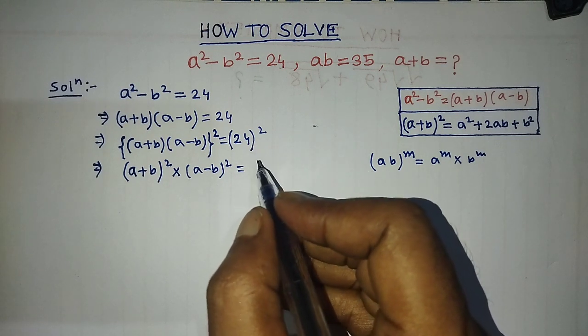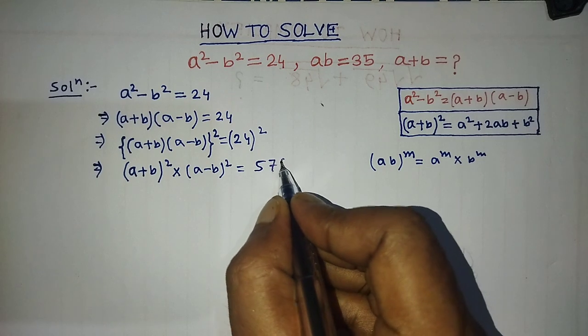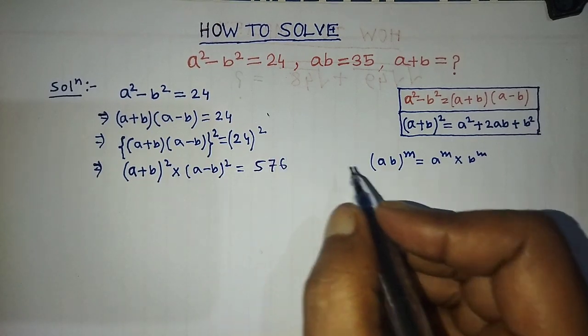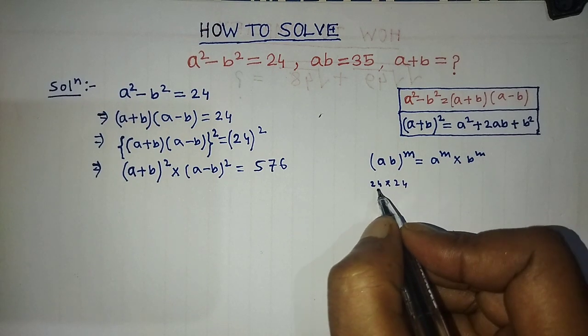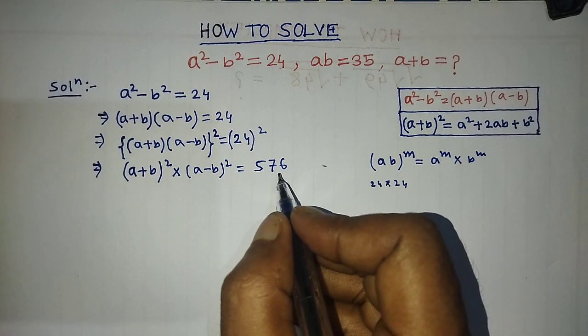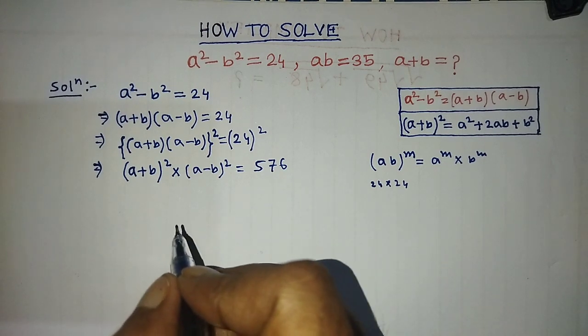The square of 24 will be 576. 24 square means 24 into 24, and if you multiply 24 with 24, you get 576.